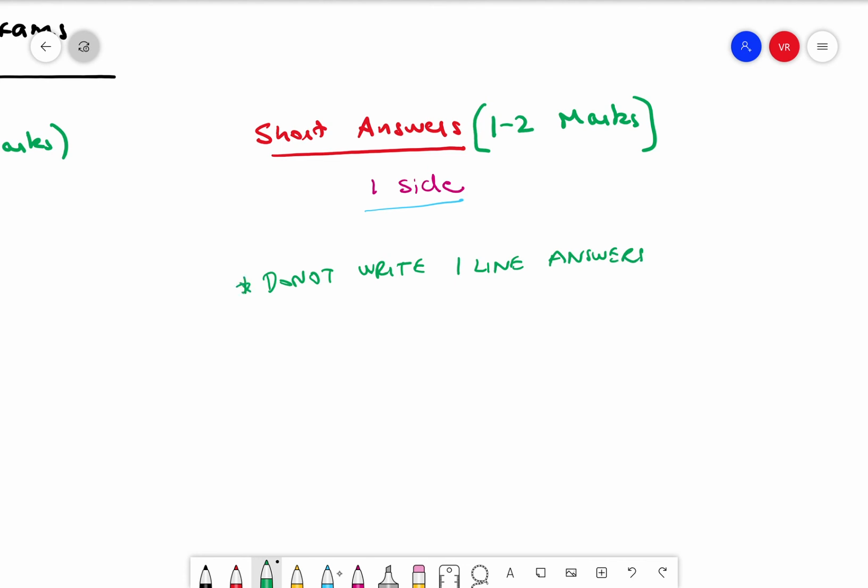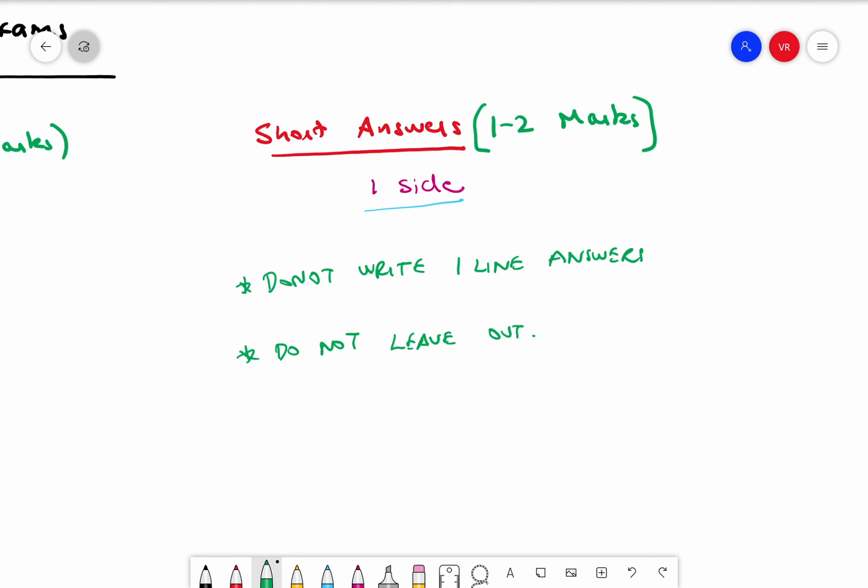And then do not leave out any question. Attempt all questions in case of short answers. Do not leave out any question, just write something related to it.